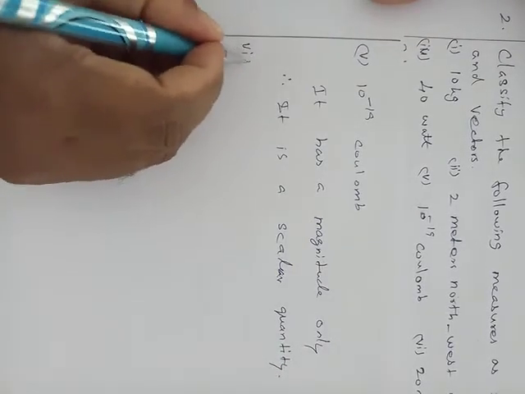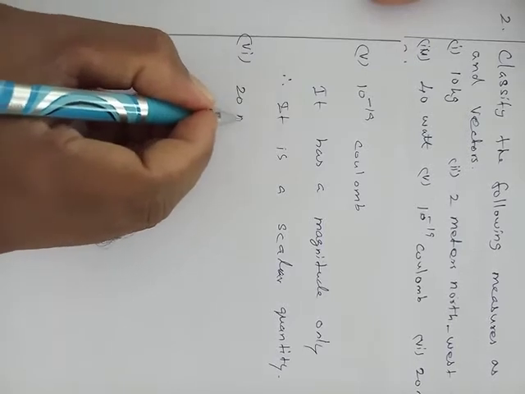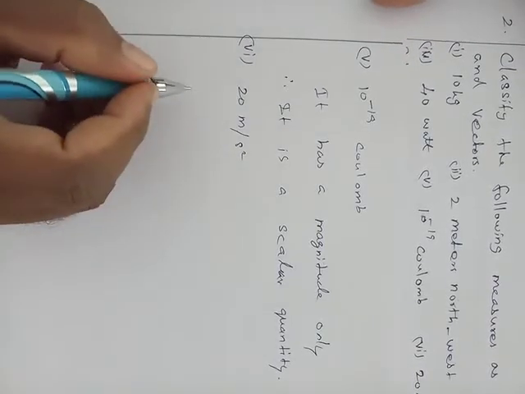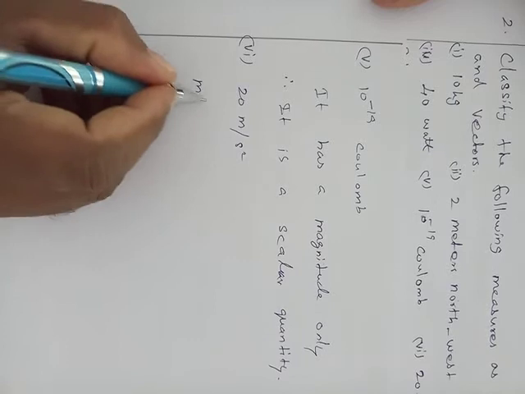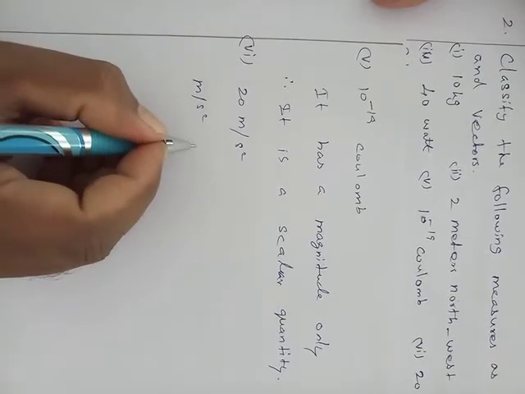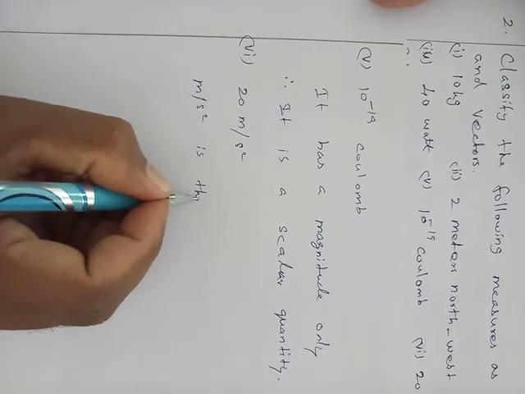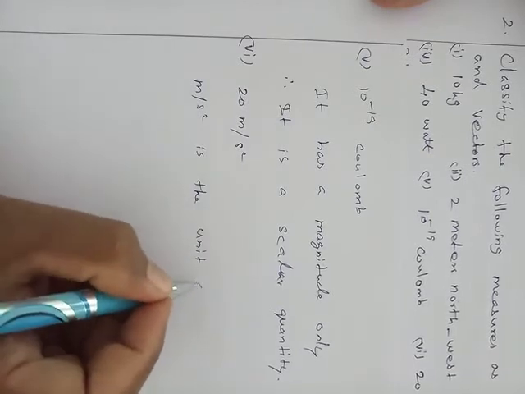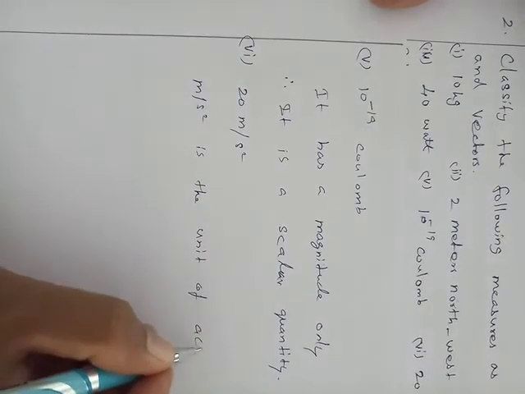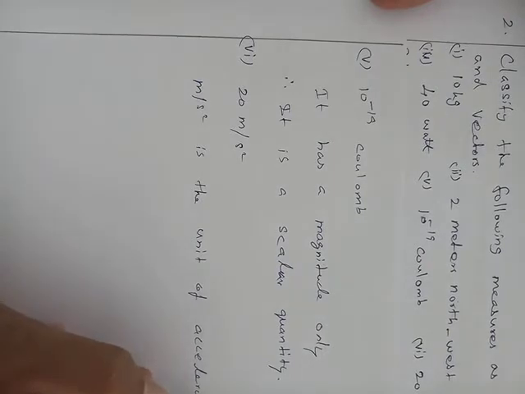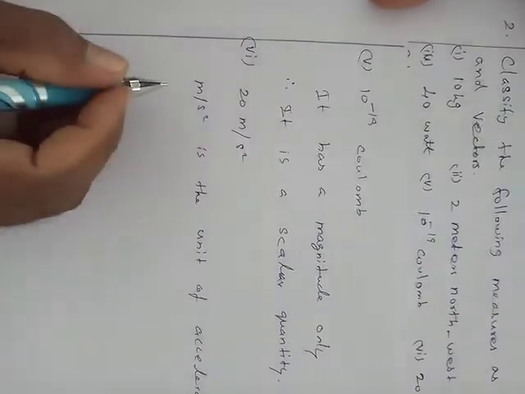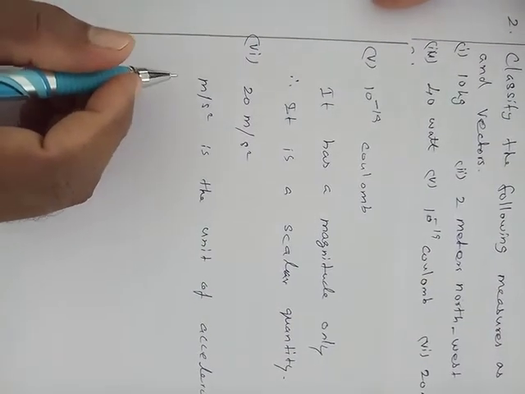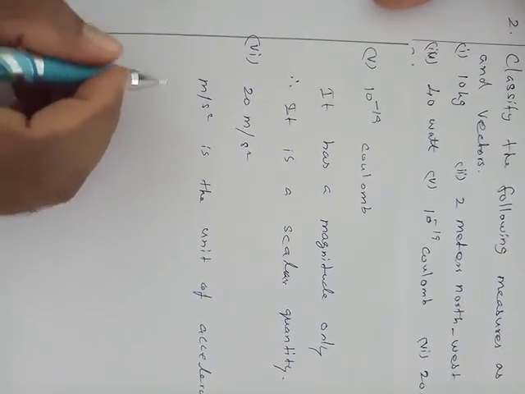Next, sixth problem, 20 meter per second square. Here meter per second square is the unit of acceleration. What is the unit of velocity? Meter per second. Okay, unit of acceleration.